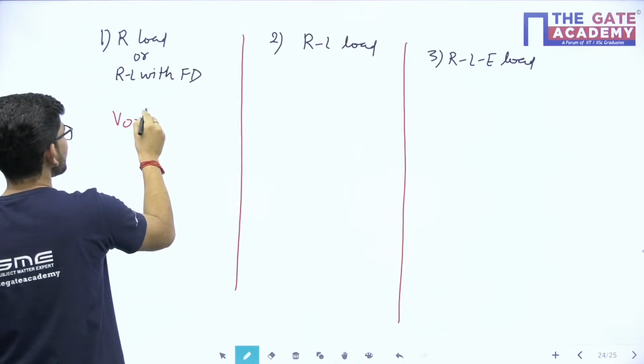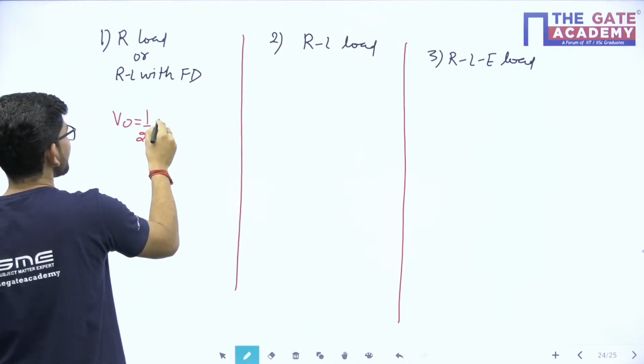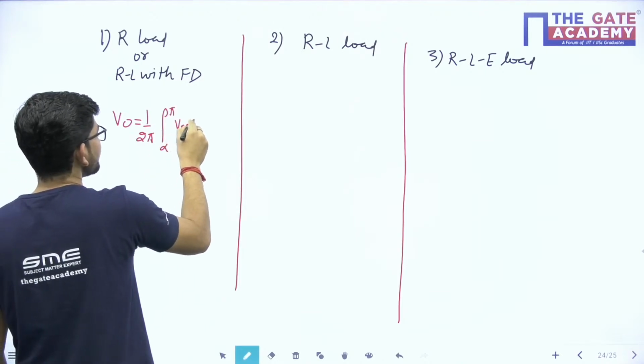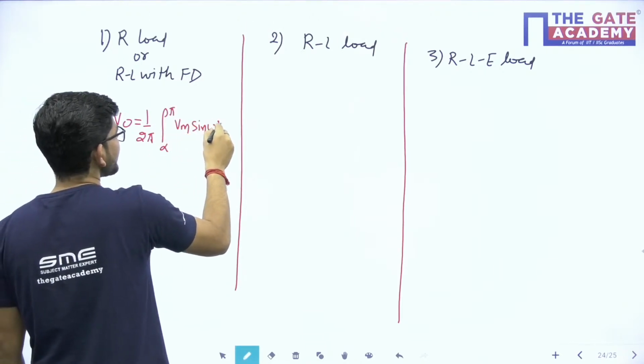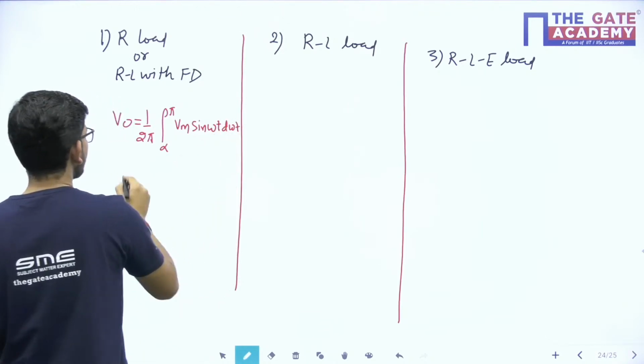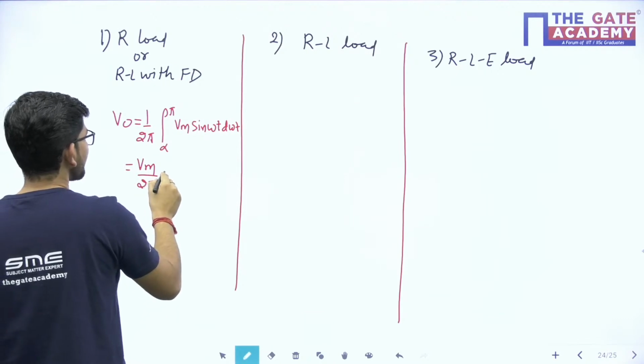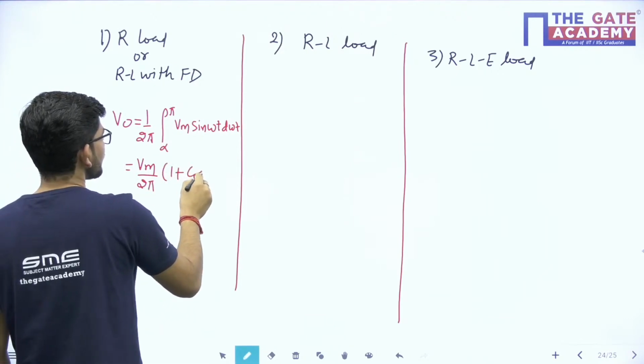So output voltage in this particular case is given by 1 upon 2 pi, integral from alpha to pi of Vm sin omega t d omega t, and if you calculate it, you will get Vm upon 2 pi times (1 plus cos alpha).